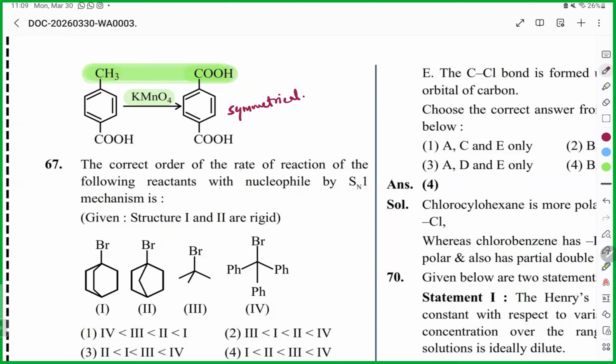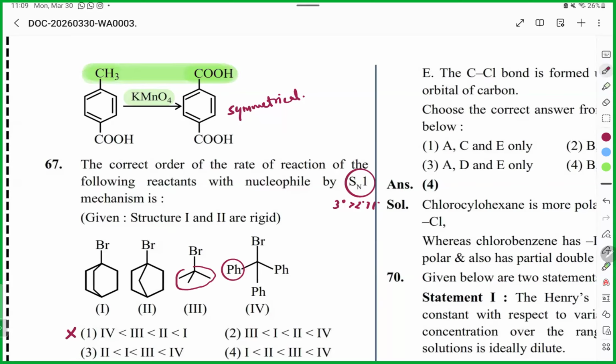67. Correct order of rate of reaction following the nucleophile by SN1 mechanism. In SN1 mechanism, tertiary is maximum, then secondary, then primary. Benzene will be more stable, so 4 will be more stable than 3, because in the benzene ring there is resonance.